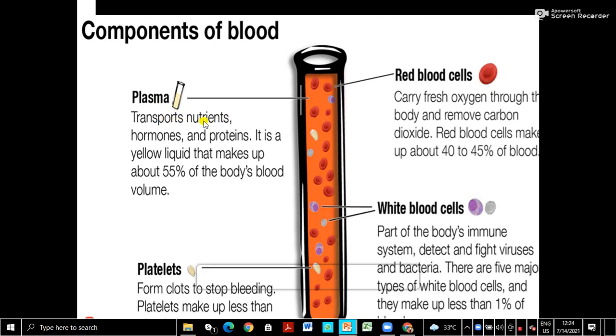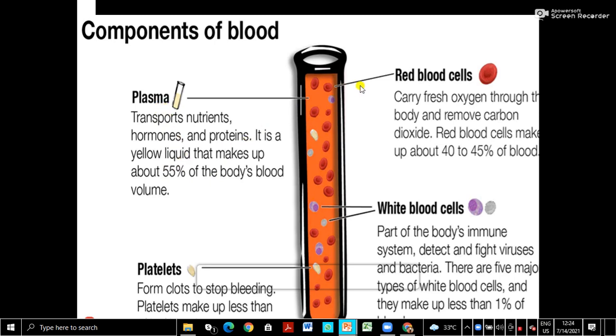Then there are certain hormones produced by the endocrine system, and from the site of production to the site of action, hormones have to be transported. Then the proteins have to be transported. The yellow liquid that makes up about 55% of the body's blood volume is plasma. See, more than half of the blood volume is plasma.